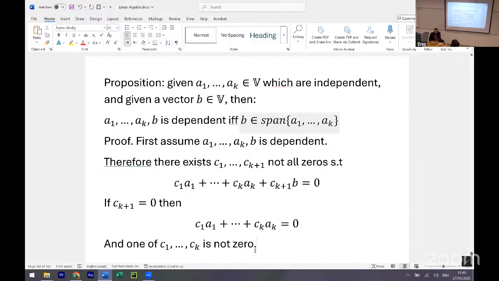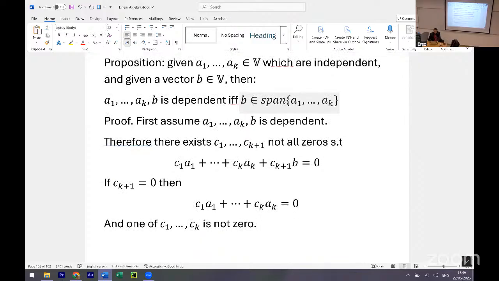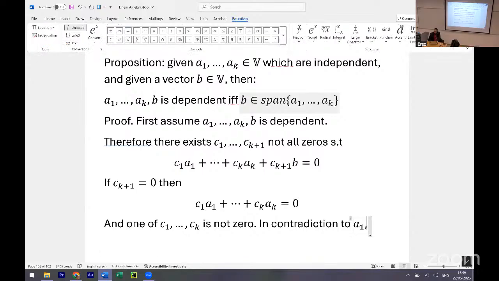So what's the matter with that? That means that there's a dependent vector from C. Not a dependent vector, one vector is not dependent. It's always a sequence; the sequence is dependent. So there's a vector that makes the sequence dependent, which is a contradiction.